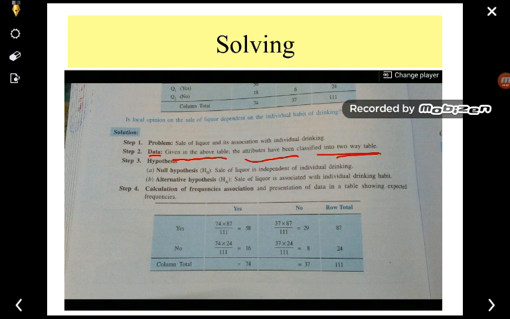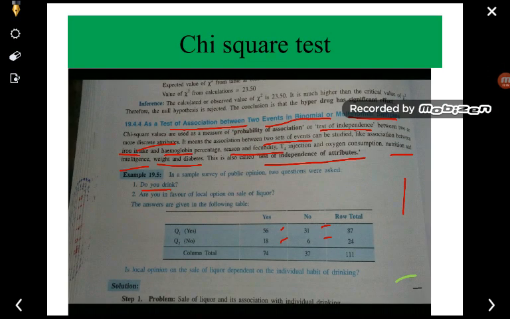Now step 4. Step 4 is the calculation of frequency association and presentation of the data in the table. Now we have to present the data according to the table given. So here yes and no. In the given data, 56 and 18 say yes, so altogether 56 and 18 give you 74, and 31 plus 6 gives you 37.